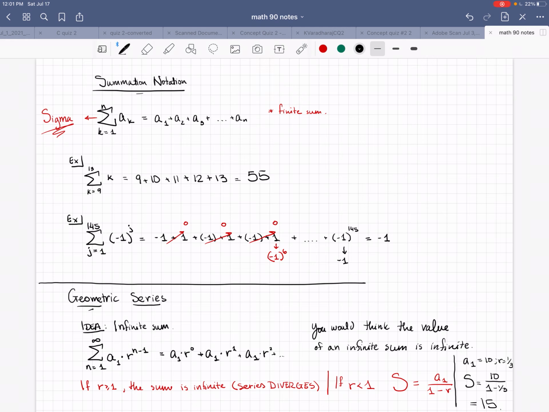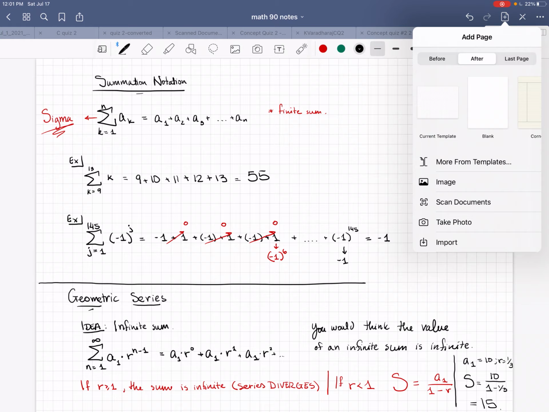So if we add all those numbers together, even though there are infinitely many of them, we get a finite value back. Okay? Kind of a crazy idea, but one that I wanted to expose you to.